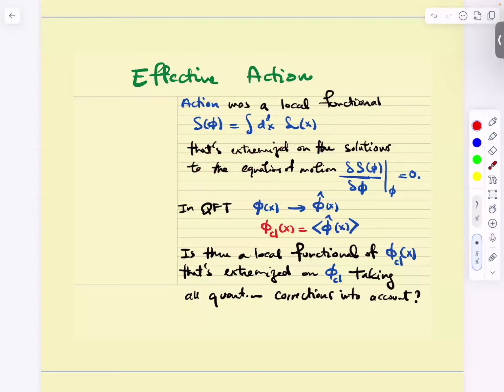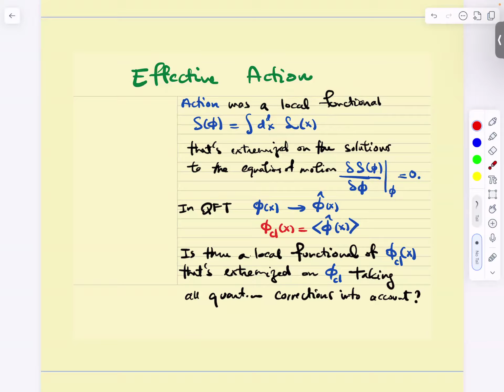Action in the Lagrangian formulation of quantum field theory was the starting point. You started with a local functional called action. Local means that there's an integral over space-time of a density, which is the Lagrangian density. Now, why do we care about this? Because action is extremized on the solutions to the equations of motion, right?